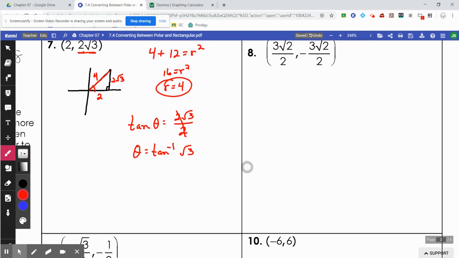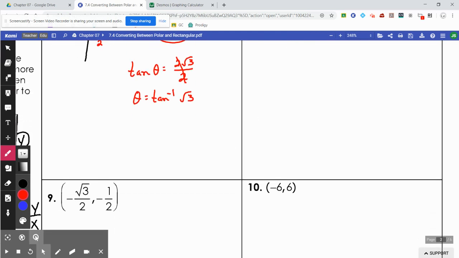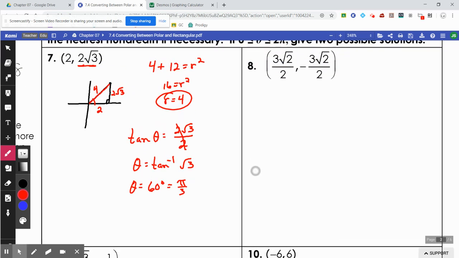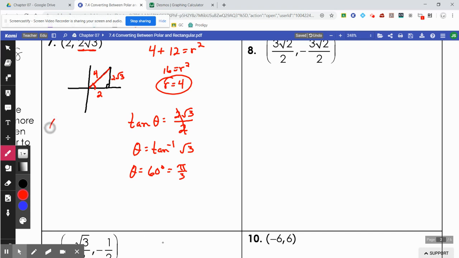So let's make sure that we get both of them. The first of those angles being a 60-degree angle, or we can call that pi over 3. And that's going to be where this angle is located since we are in the first quadrant. We can write this as r theta: the radius is 4, because that's how much we go out, and then we go up pi over 3.